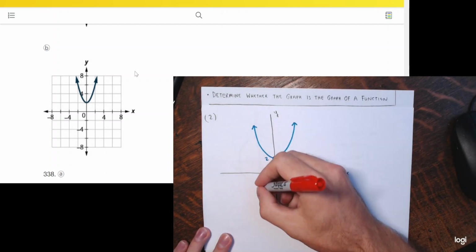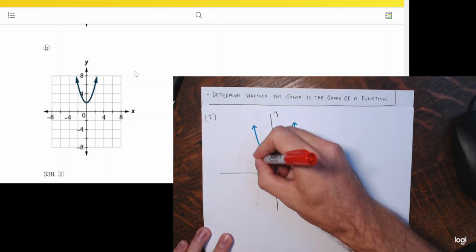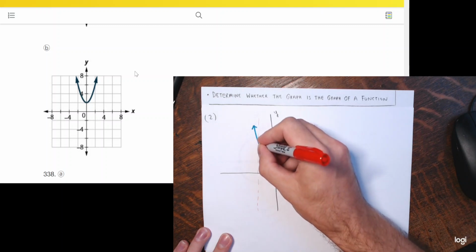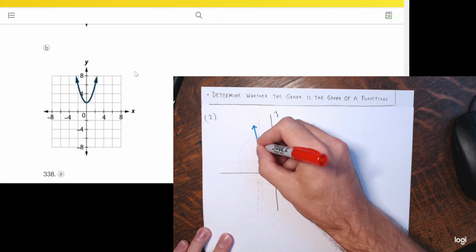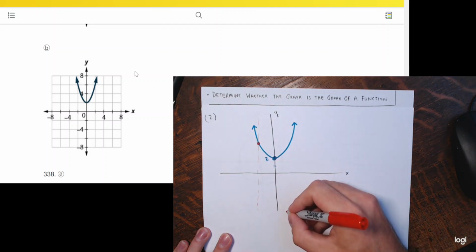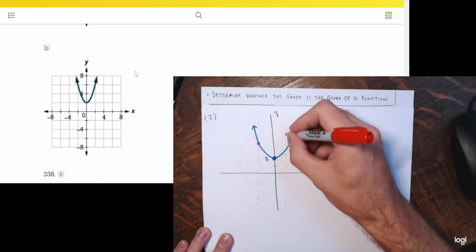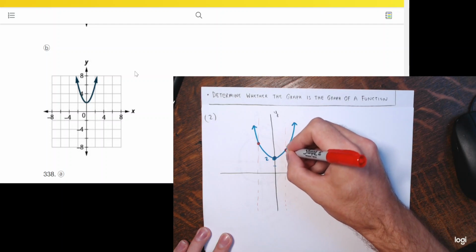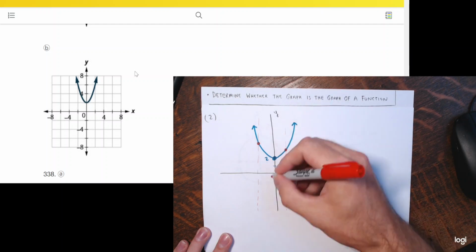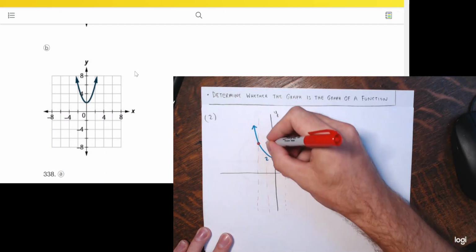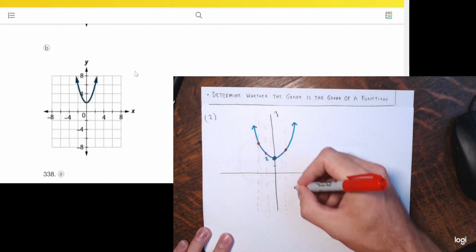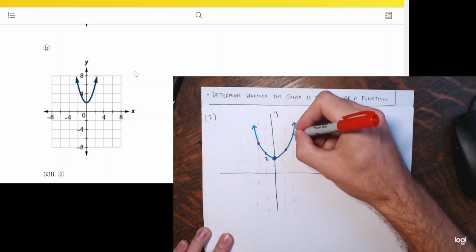So can you see that when you draw a vertical line, any vertical line, it'll hit this graph in at most one point? That vertical line hits the graph once. The y-axis hits the graph once. This vertical line hits the graph once. This vertical line hits the graph once.